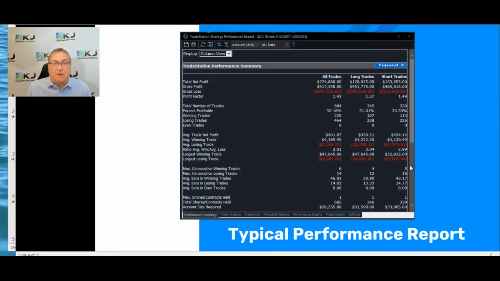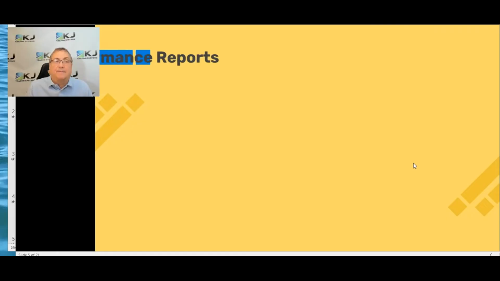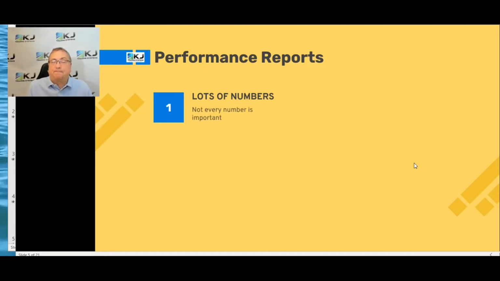This is the typical performance report. This is TradeStation. Other platforms have a similar type performance report. I'm sure you've seen this before. Nothing new here. The problem with it, and with all of them, is they give you lots of numbers, and not every number is meaningful.